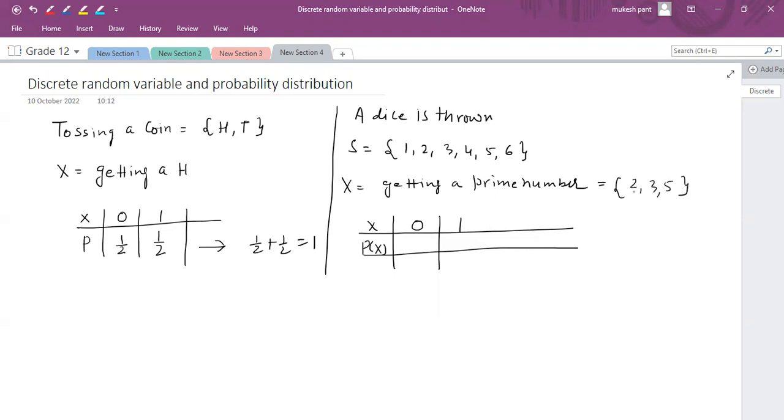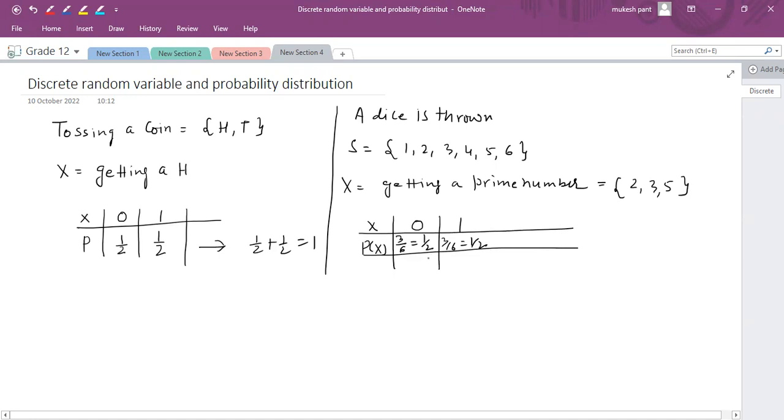So there are 3 prime numbers, and obviously 3 non-prime numbers: 1, 4, and 6. So the probability of not getting a prime number is 3 over 6, which is 1 over 2. Getting a prime number is also 3 over 6, which is 1 over 2. Let's check: 1 over 2 plus 1 over 2 equals 1. So the probability distribution is correct.